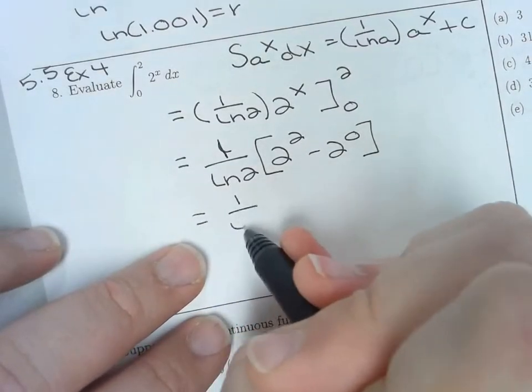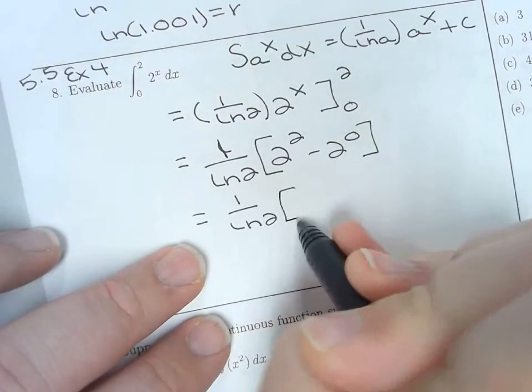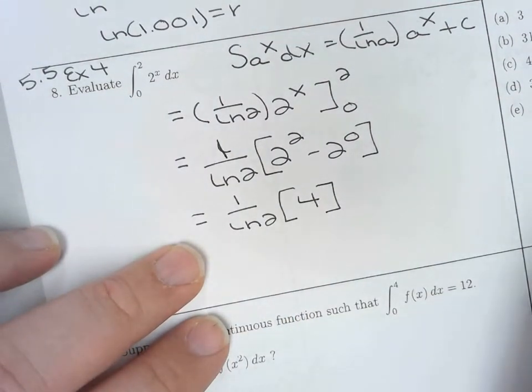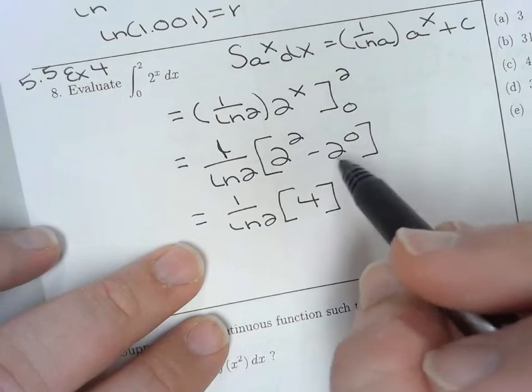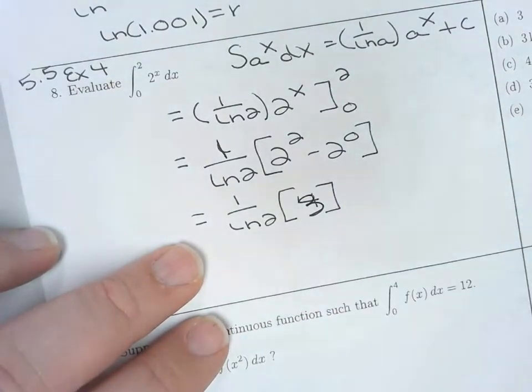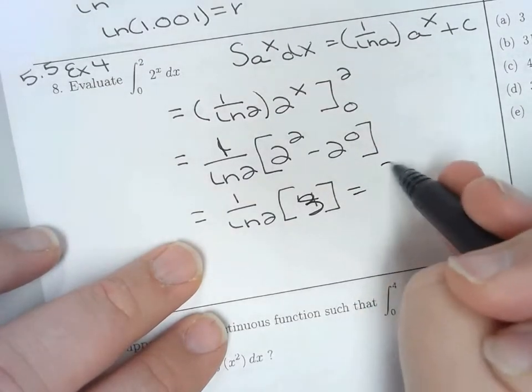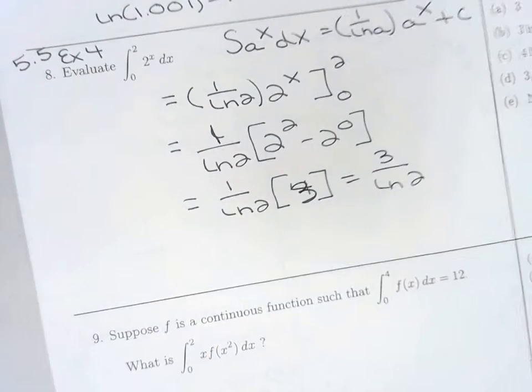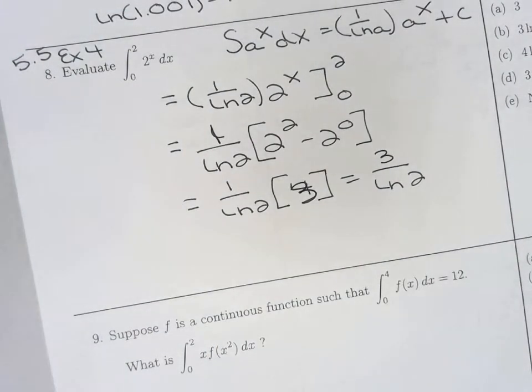So 1 over ln of 2 times 4... no, 3. 4 minus 1, yeah. 2 to the 0 is 1, so 4 minus 1 is 3. So 3 over ln of 2, which is D. Double check. It should be D.